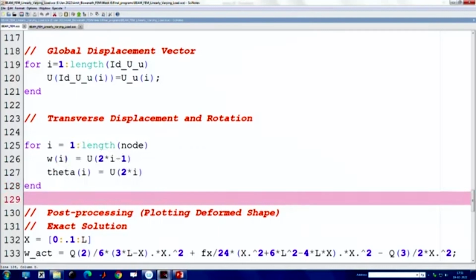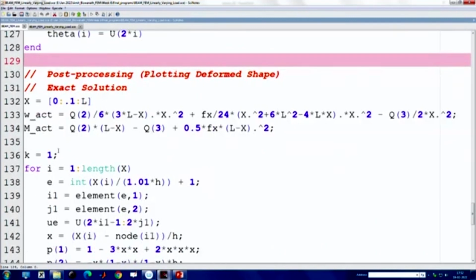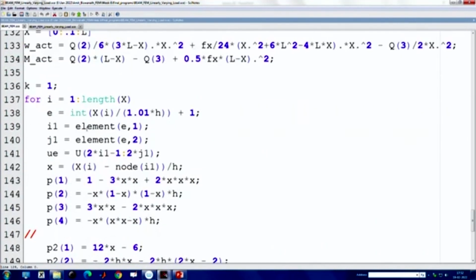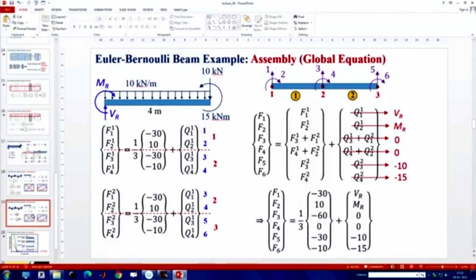Now once it is solved, next we need to see the results. We need to see the deformation at various points. We need to compute, say, the moments at various points. We need to compute the deformation not just at the node, but between the nodes as well. So let's do that. What is the expression for that? We have already seen these expressions.